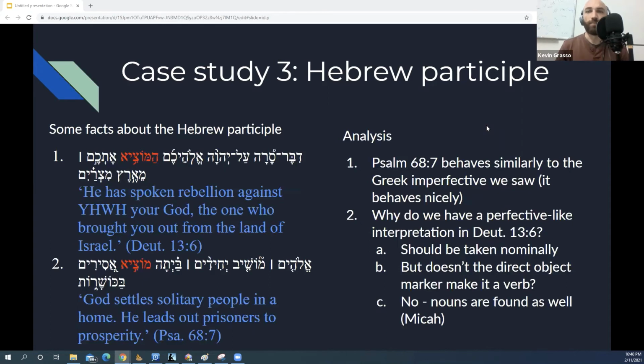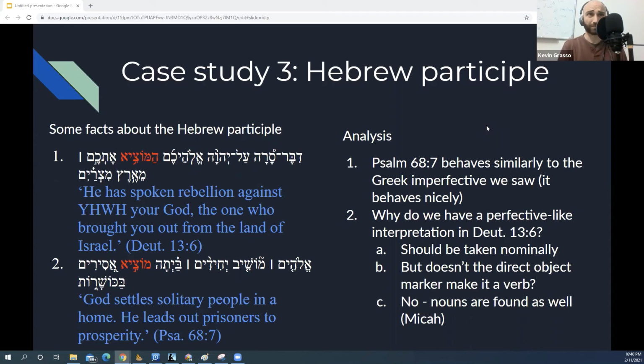One might then ask, well, what about etchem? Sorry, not the definite article, the direct object marker. Don't verbs normally take direct objects?